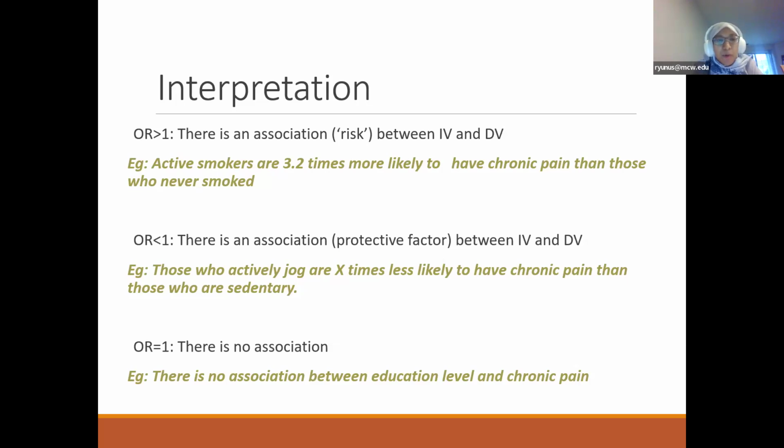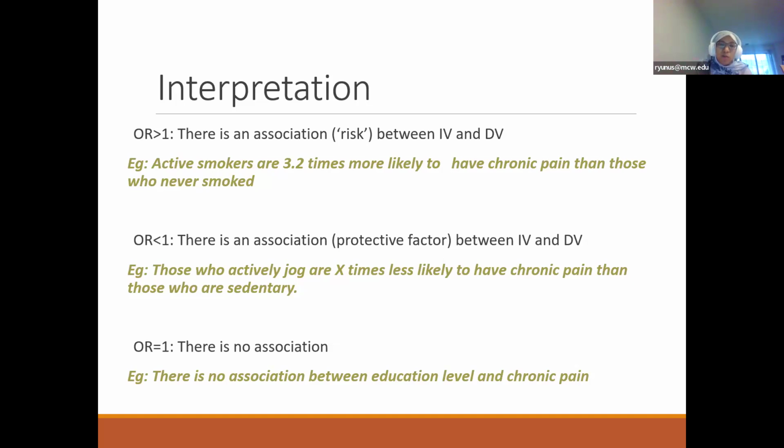So it's important for you to understand when you look at odds ratio that if it's more than 1, that means there is an increased association. That means your independent variable is positively associated or is more likely to lead to the dependent variable.